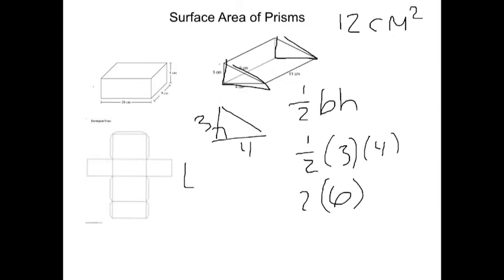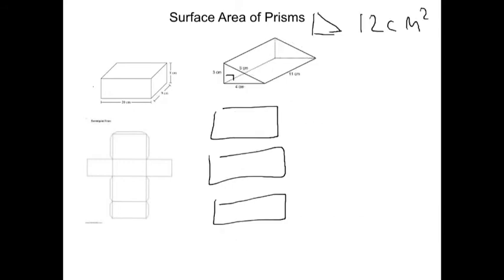And now we know that there are 3 rectangles. One rectangle, the bottom one, has a length of 4 and a width of 11. The side one has a length of 3 and a width of 11. And the other side one, that slanty one, has a height of 5 and a length of 11.